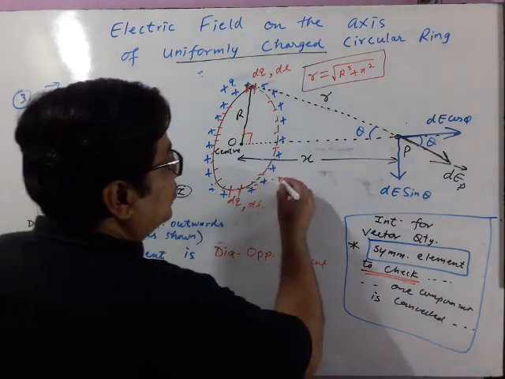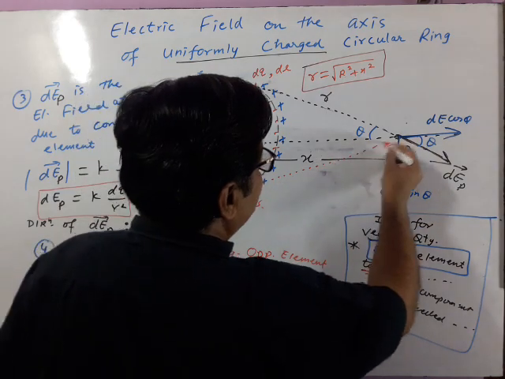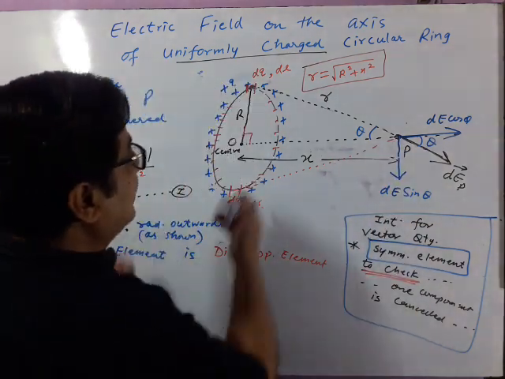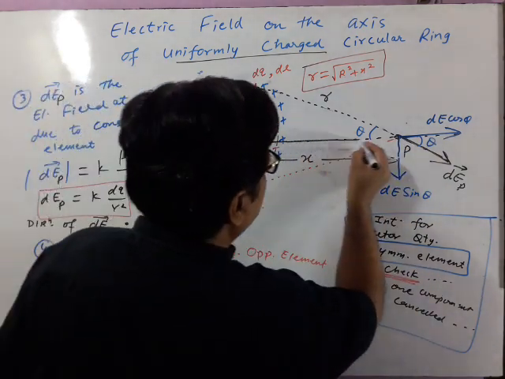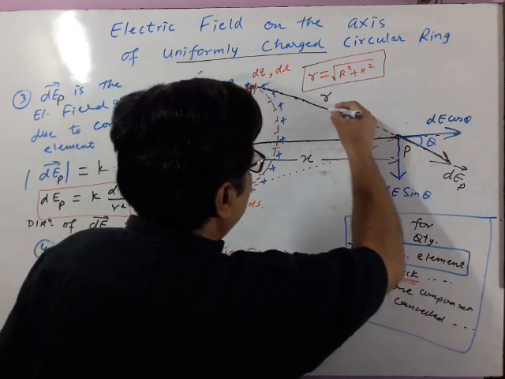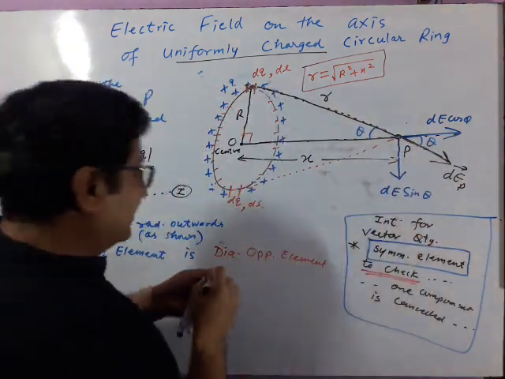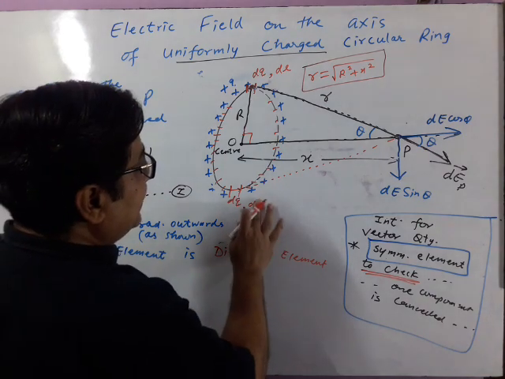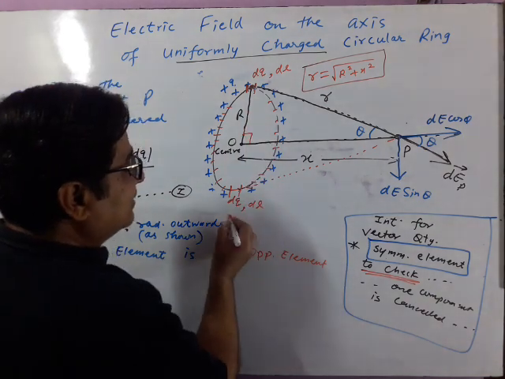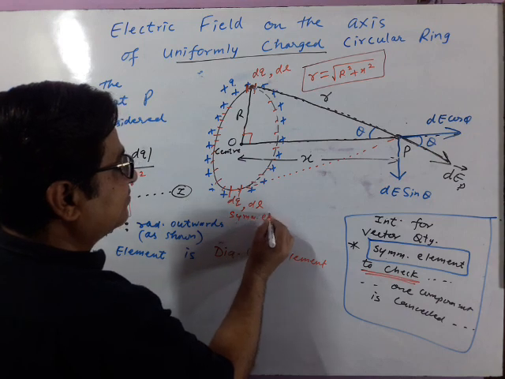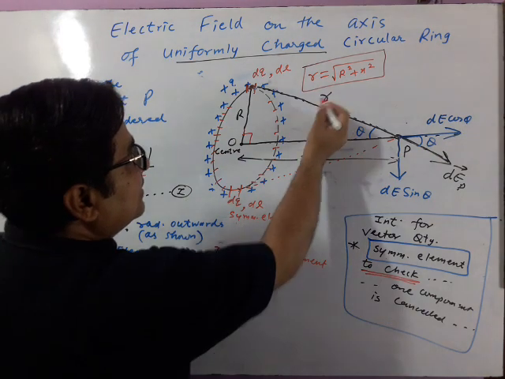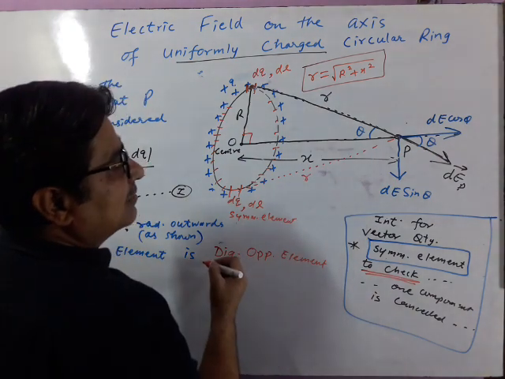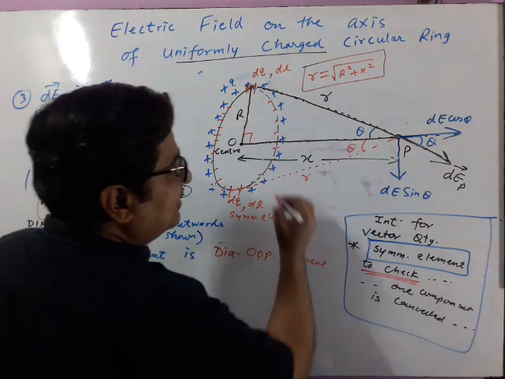So for this dQ element, I am making them solid lines. Now we are checking for the symmetrical element: same charge, same length. It is at the same distance r, at the same angle theta.